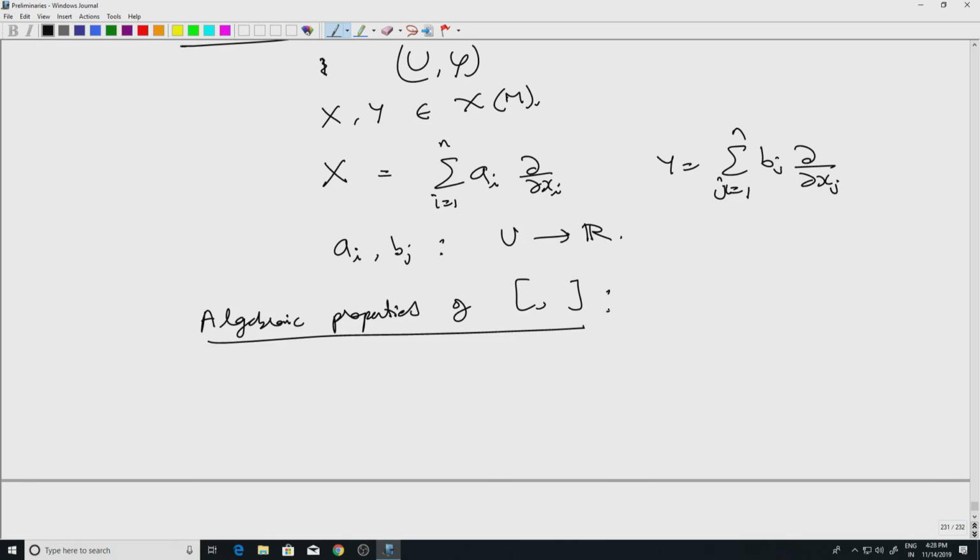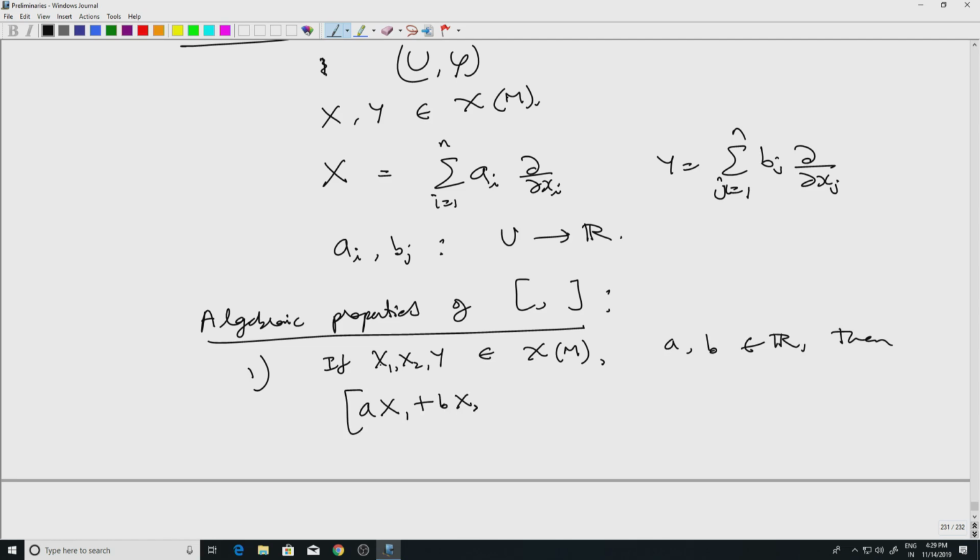What I need here is that it is bilinear in both input variables. If x1, x2, y are three vector fields on M and a, b are two real numbers, then the Lie bracket of a x1 plus b x2 with y is the same as a times the bracket of x1 and y, plus b times the bracket of x2 and y.